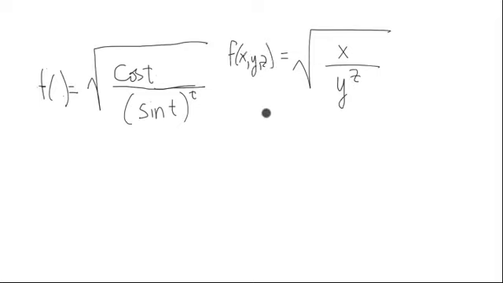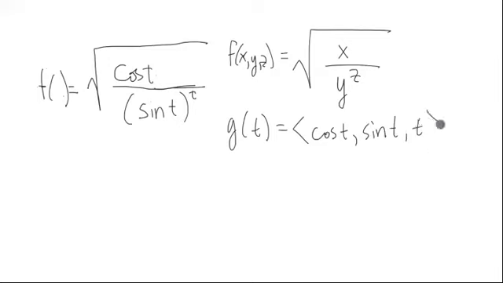Then let's think about a vector function with 3 components, where we have x of t, y of t, and z of t. So let's let g of t be a vector function where we output cosine t, sine t, and t.